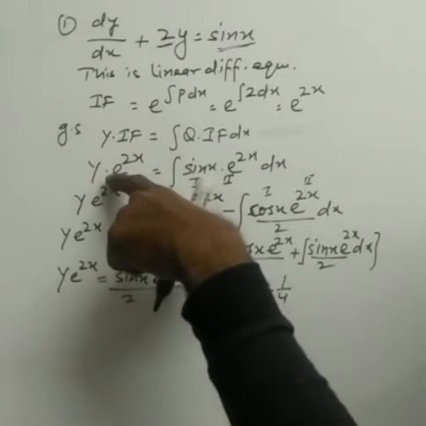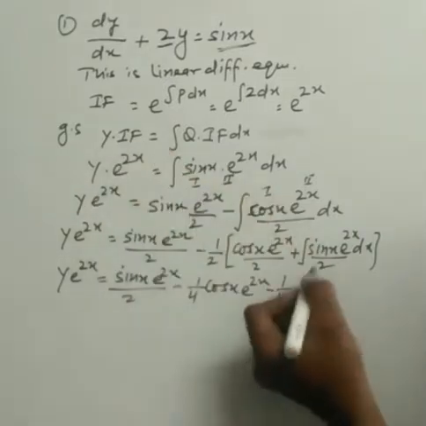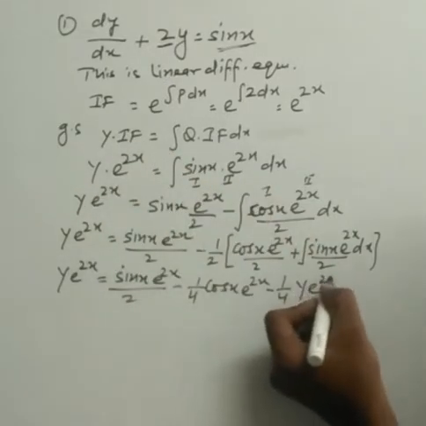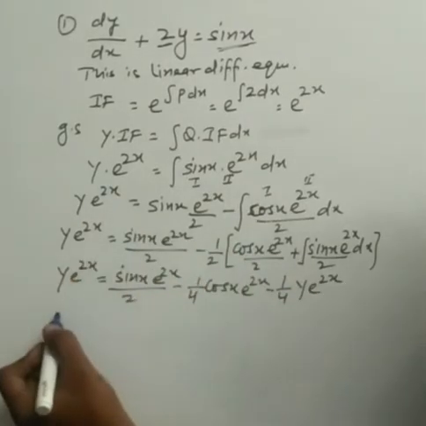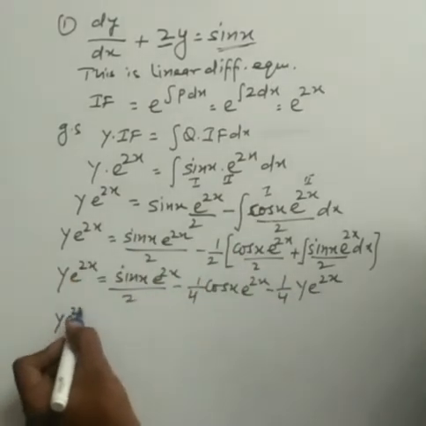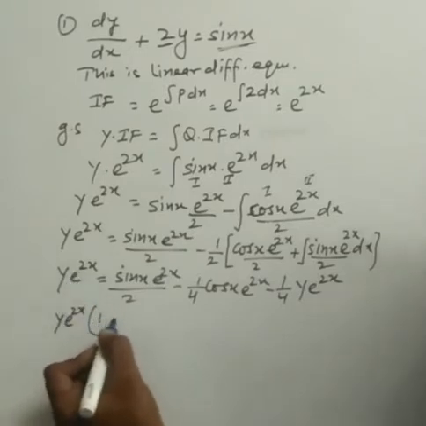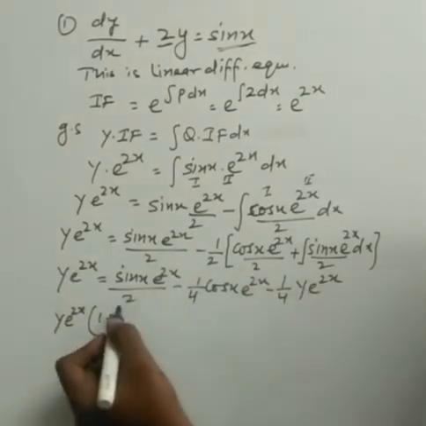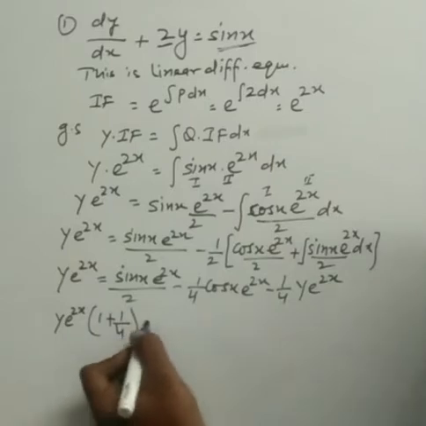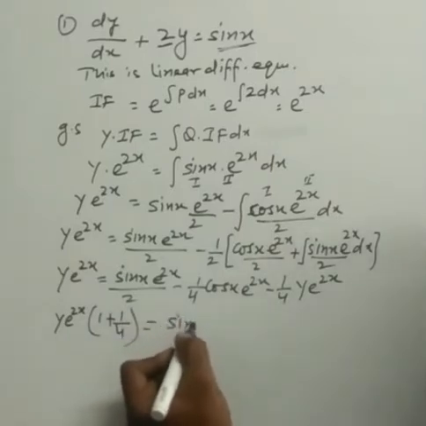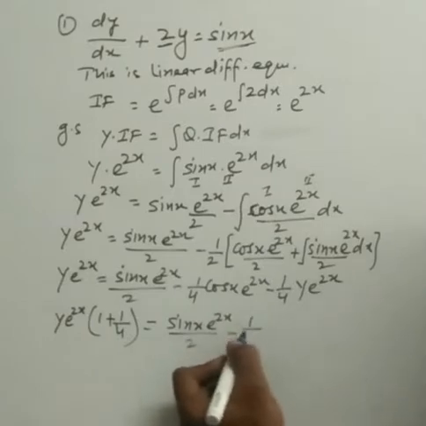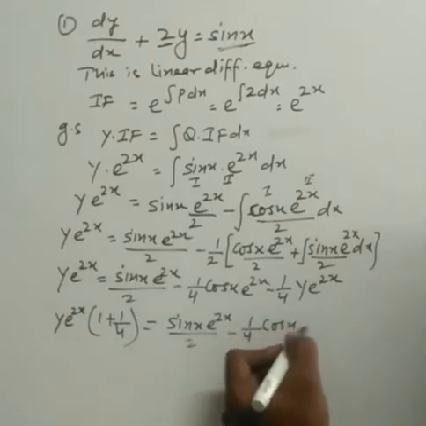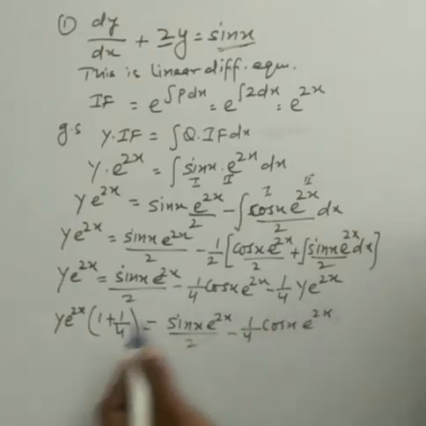It is equal to y into e power 2x. Shift this term to this side. y e power 2x is common. 1 plus 1 by 4 equals sin x e power 2x upon 2 minus 1 by 4 cos x e power 2x.